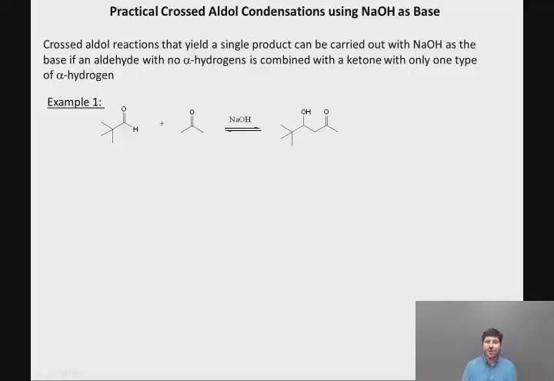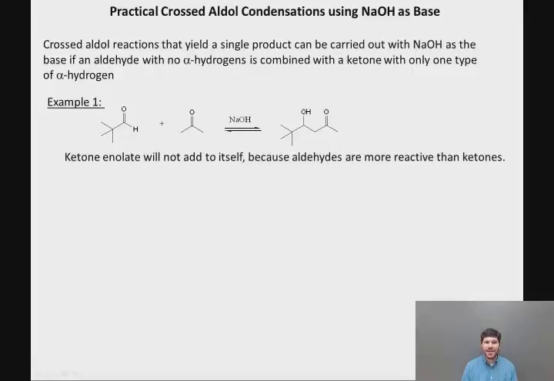Acetone will get deprotonated by NaOH to form the enolate, and then you can get the beta hydroxy ketone product from the enolate of acetone adding to the aldehyde. And you should note that we don't have to worry about self-condensation here. The ketone enolate will not add to itself because, as you remember, aldehydes are more reactive than ketones as electrophiles, so that enolate's going to want to add to the aldehyde.